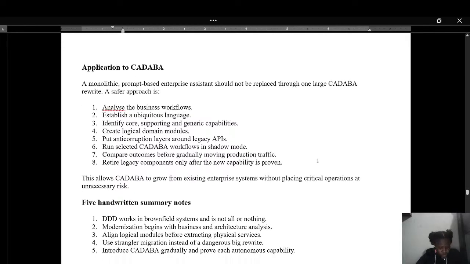All right, so chapter 13 says domain-driven design in the real world. So how do you perform domain-driven design in real life? That's what we are talking about here. Look at our five-point handwritten summaries. DDD works in brownfield systems and it's not all or nothing.